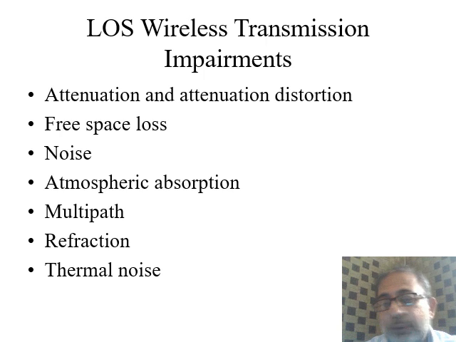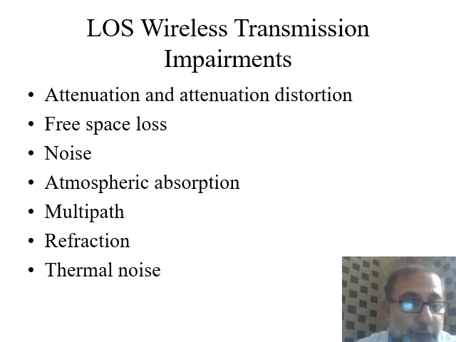So while using line of sight communication, we need to avoid those particular peaks. Since the air contains oxygen as well as water vapors, both of these materials have different absorption characteristics, and they have different absorption peaks. So both of their peaks must be avoided.